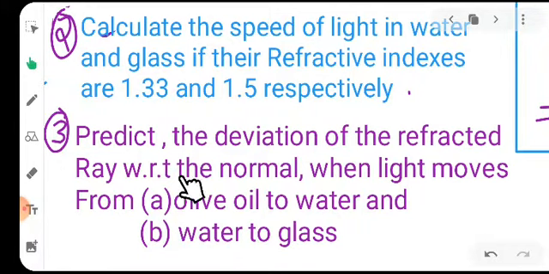No other information is provided, but we have dealt with olive oil, water and glass in our previous cases, so we know their refractive indices. It is assumed that you already know them, and I guess we may need to use them.